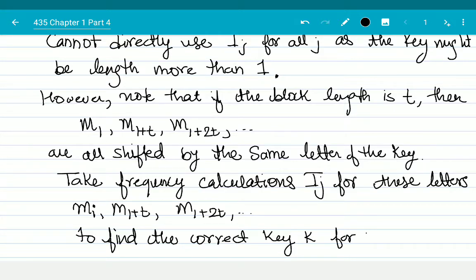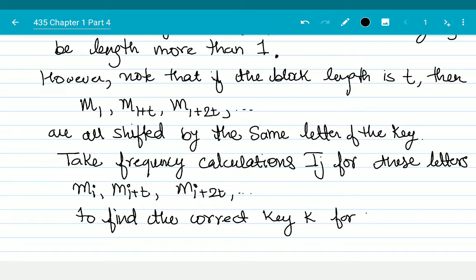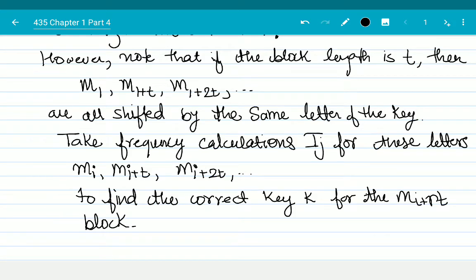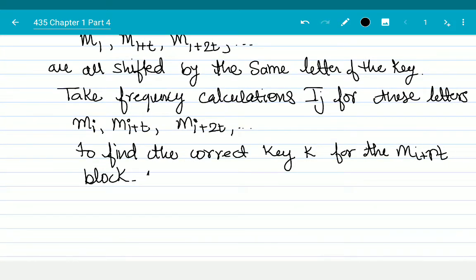Let me say mi plus t, mi plus 2t, mi plus 3t, to find the correct key k for the i-th block.